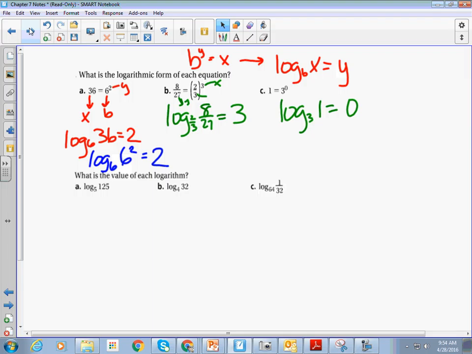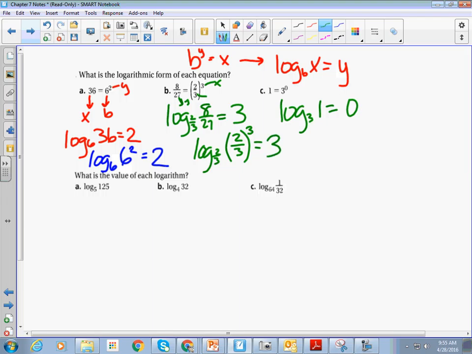The same can be said of this one here, log base 2/3 of 8/27. Is that 2/3 to the 3rd power? Yes, it is. And so you can see that the log and the base cancel each other out, so I'm just left with 2.